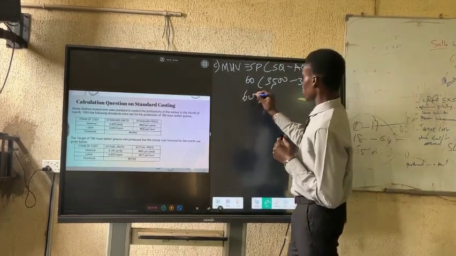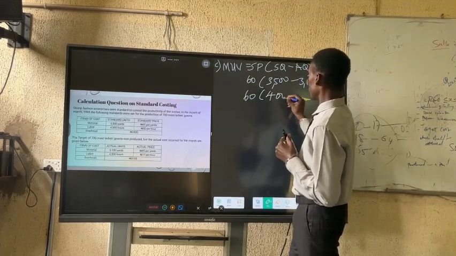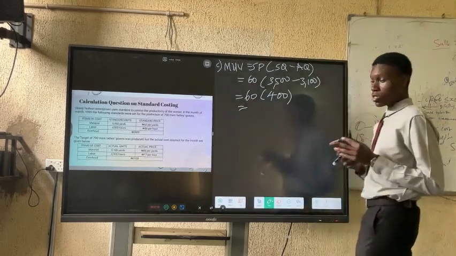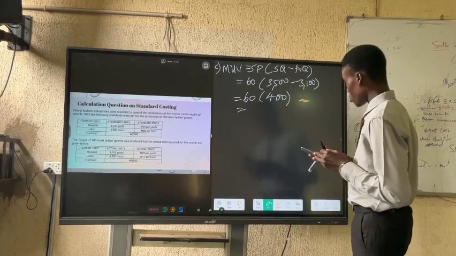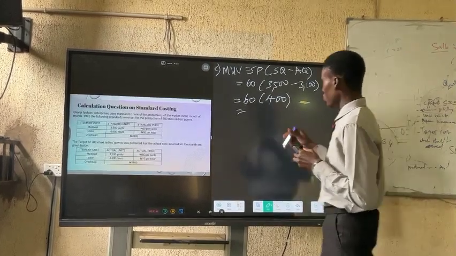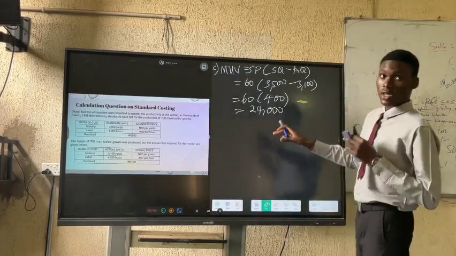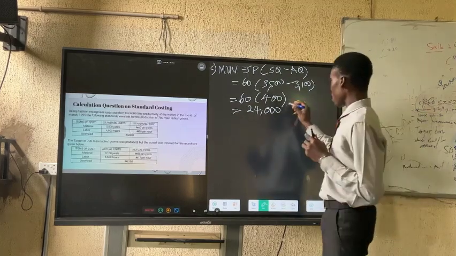If you do the math, it will be 60 into bracket 400. That will be 24,000. So we are seeing here that the value we are getting is positive. That means it is favorable.